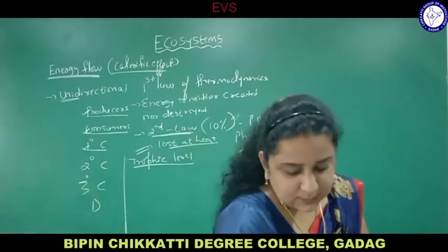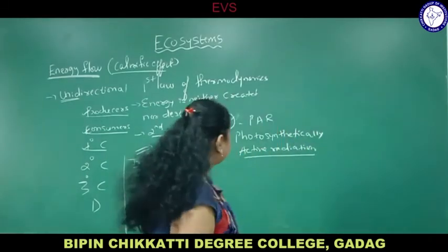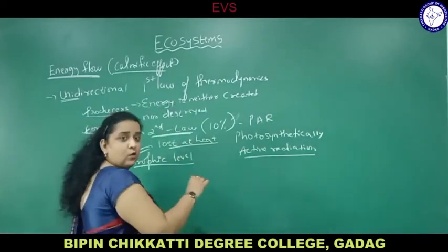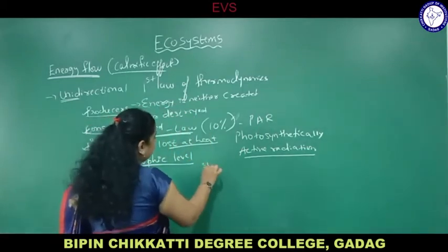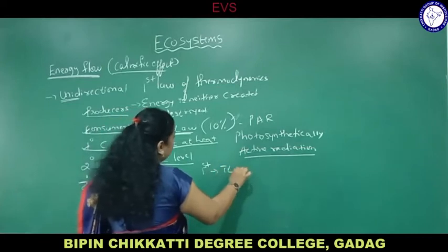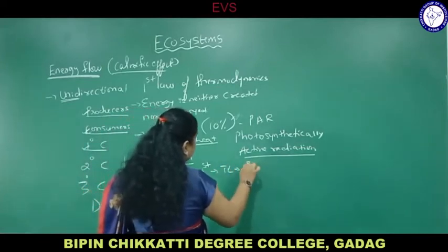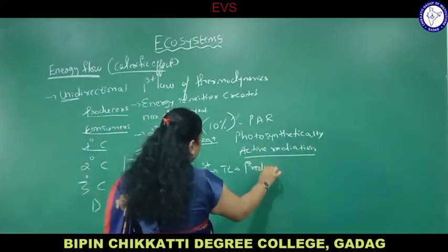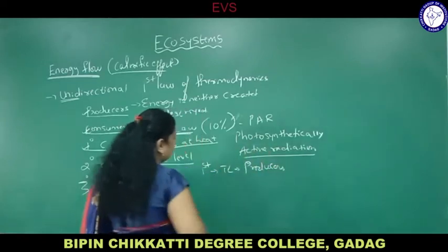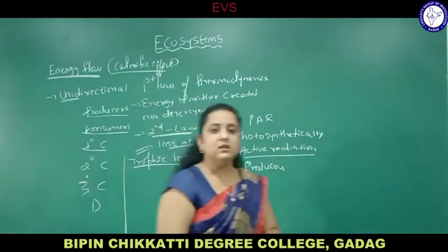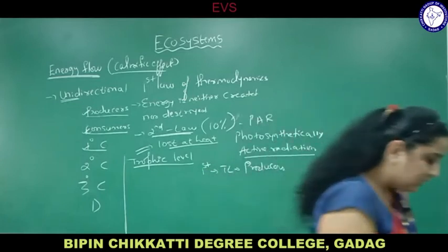The producers represent the first trophic level. Who is representing the first trophic level? Producers are the first trophic level. Always remember, the first trophic level is occupied by the producers.